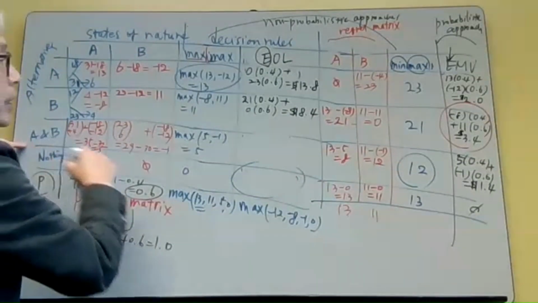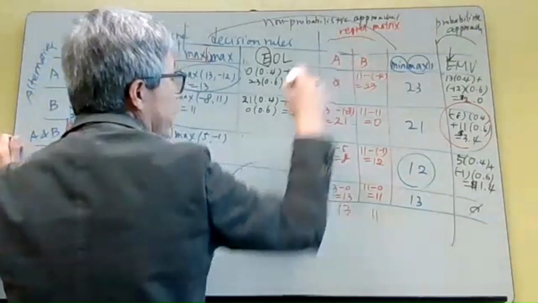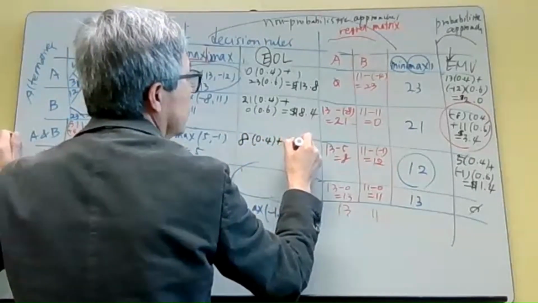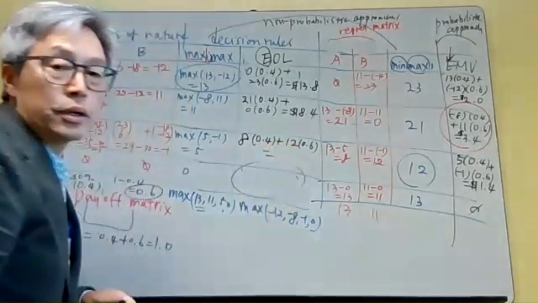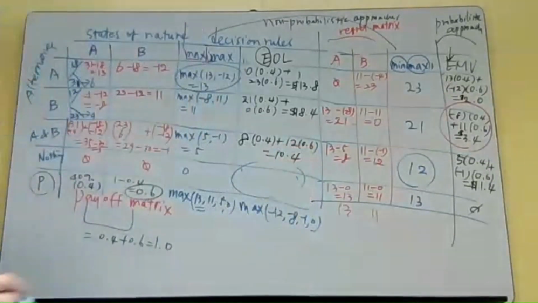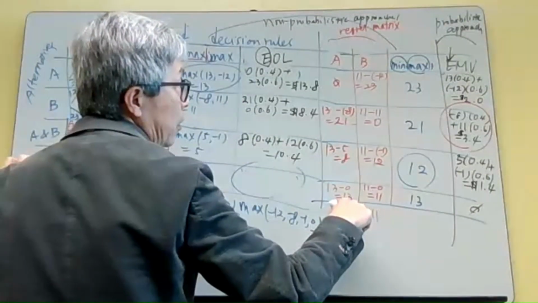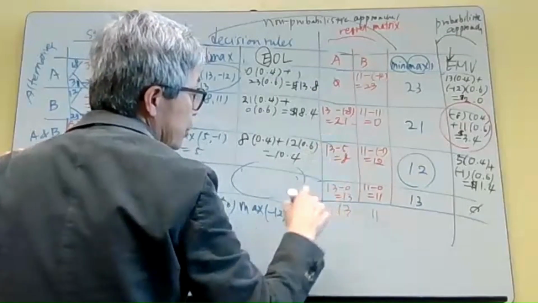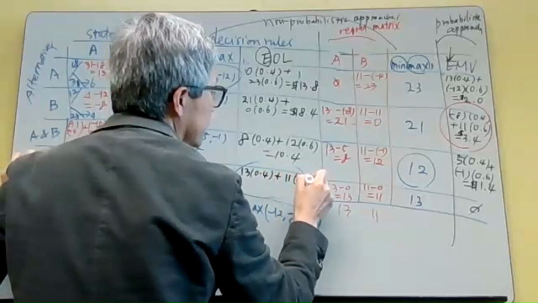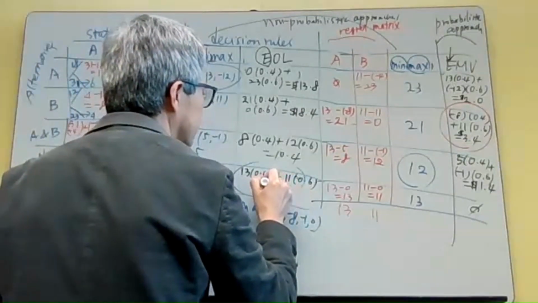For alternative A and B, the regret on the state of nature A is 8 times 0.4 plus 12 times 0.6, which is equivalent to $0.4 million. And if you buy nothing, the regret is 13 times 0.4 plus 11 times 0.6, which is $11.8 million.